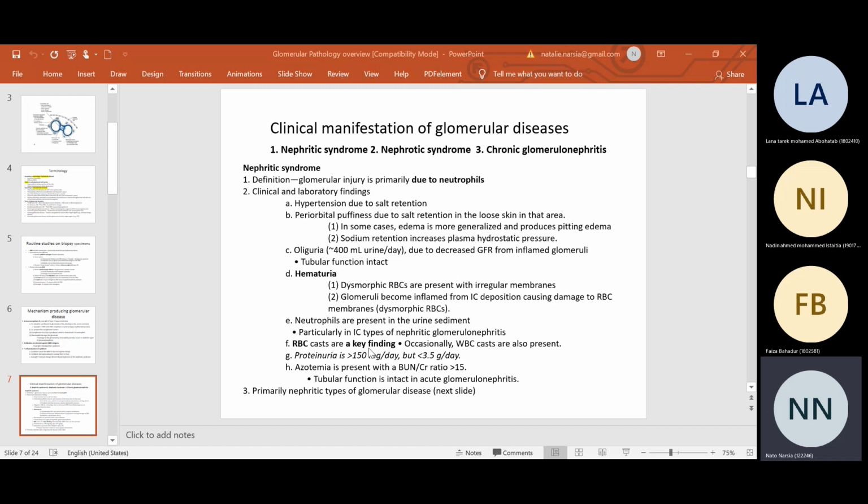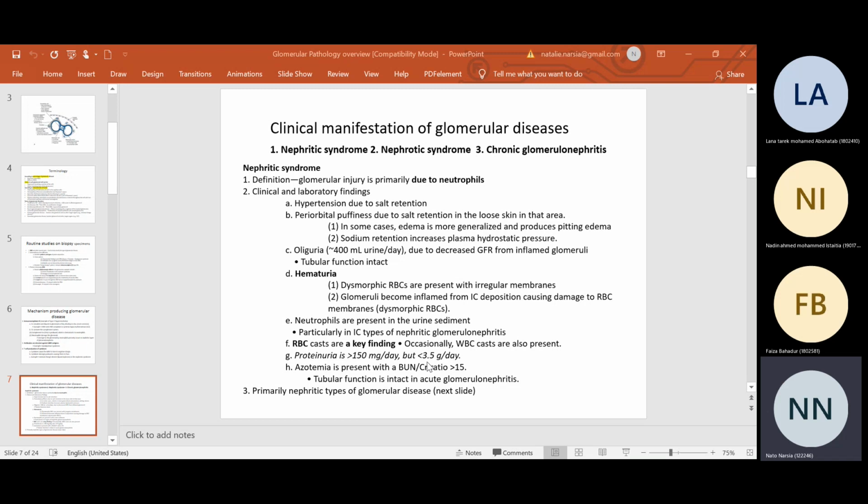That is one thing. Proteinuria, guys. Proteinuria, that is what confuses students as well. And why? Proteinuria, you remember I mentioned that you find it in nephrotic syndrome, right? And this proteinuria you can find in nephritic syndrome as well. But important to say, proteinuria is more than 150 milligrams a day, but less than 3.5 grams.